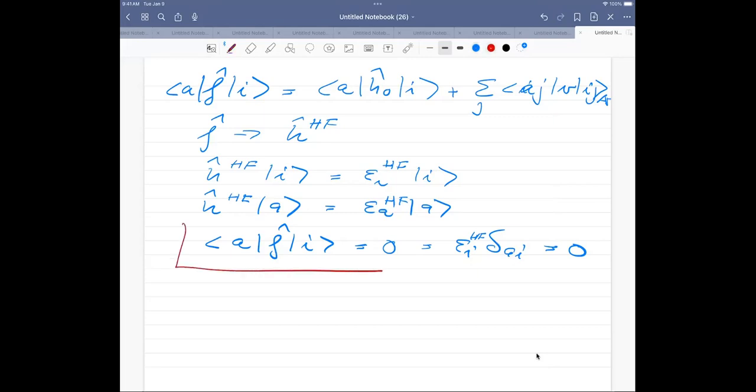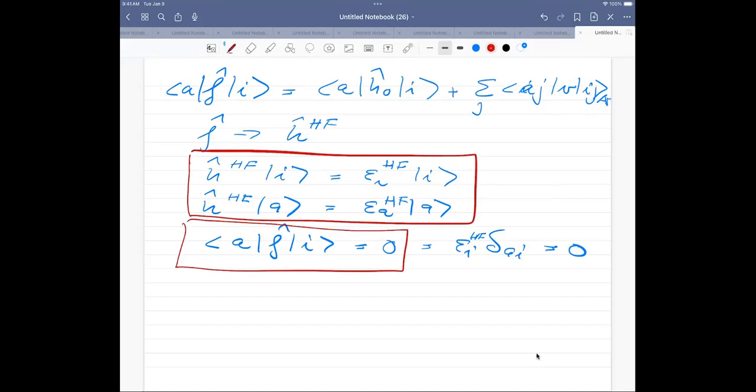This is the result of the Hartree-Fock recipe, and that requires that that matrix element has to be 0. One way to obtain that is simply to require that you have the solution to these two equations here, so that these I's and A's are the eigenbases of that operator. And then you see immediately, if this is an orthogonal basis, then this condition is fulfilled immediately, because then A and I cannot be the same.